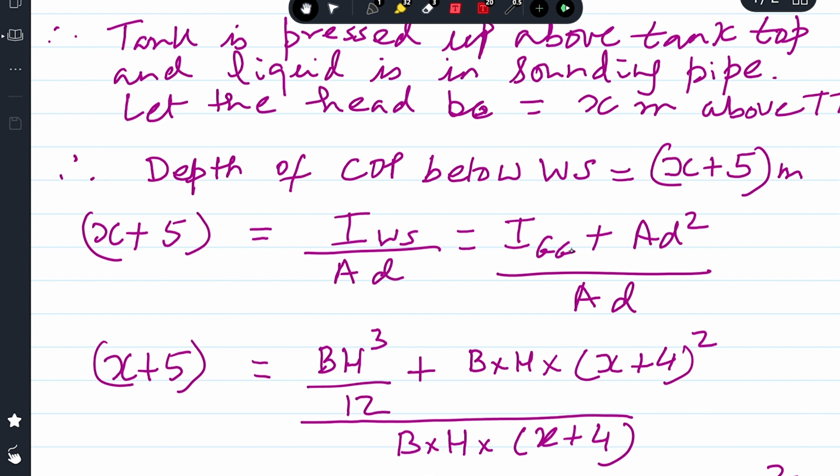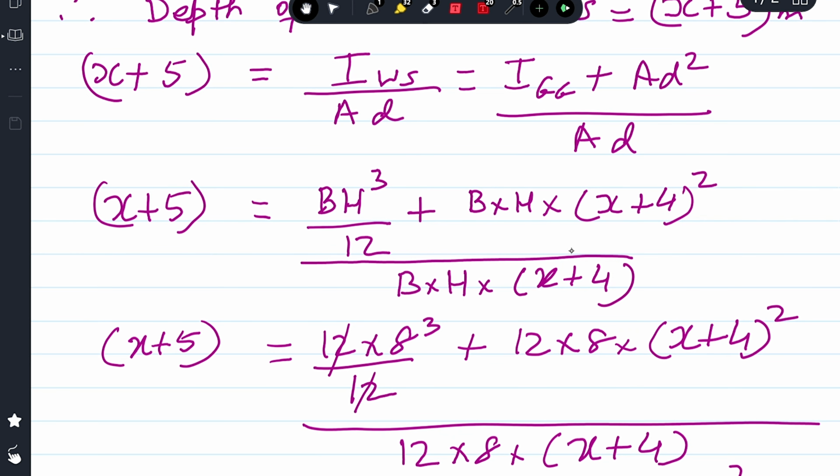Now the D will be different, because D is the depth of the centroid from the water surface. The depth of the centroid from the tank top is 4 meters, but the water surface is X meters above the tank top. So D, the depth of the centroid from the water surface, will be X plus 4, squared. Divide by the area immersed. The area immersed is again breadth into height of the bulkhead, and D is X plus 4.